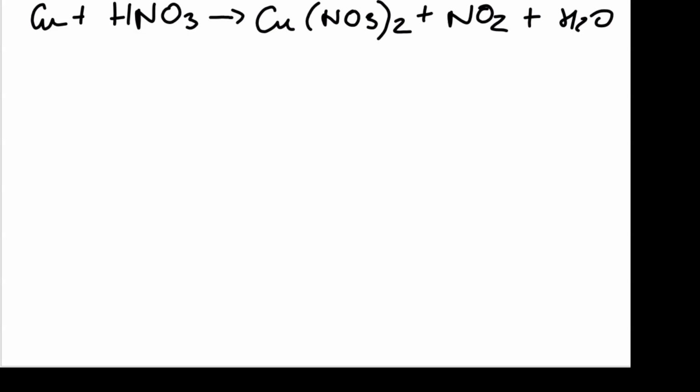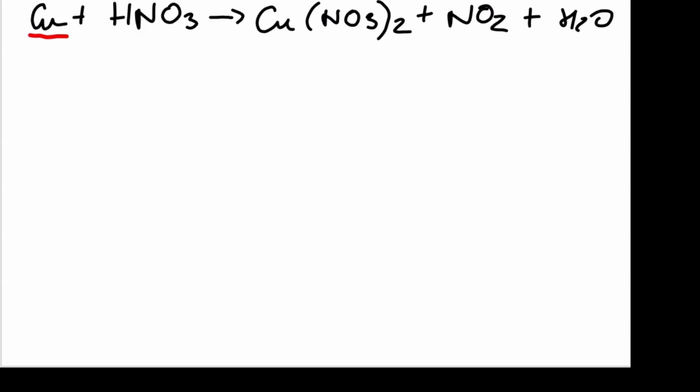Okay, so we need to find elements that change their oxidation states. So let's do it firstly with the copper. We can see that here the copper oxidation state, it's a metallic state, is equal to 0.